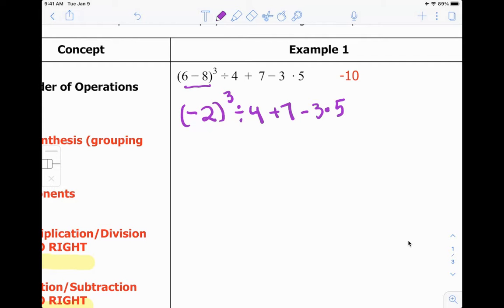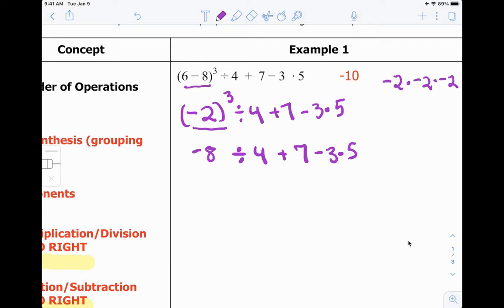So I still need to simplify the exponents next in the order of operations, and I want you to remember that -2 cubed means -2 times -2 times -2. So there's an odd amount of negative signs, so your product is negative. So we have -8 divided by 4 plus 7 minus 3 times 5.